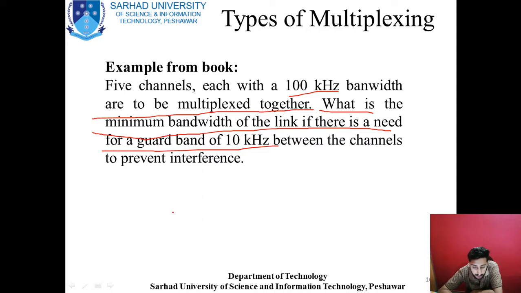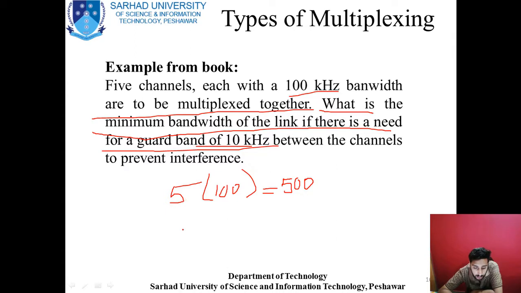You are given 5 channels, and each channel is of 100 kilohertz. So 5 times 100 means 500. So 500 will be allocated to the link, but it is also mentioned that you have to put a guard band between each user.